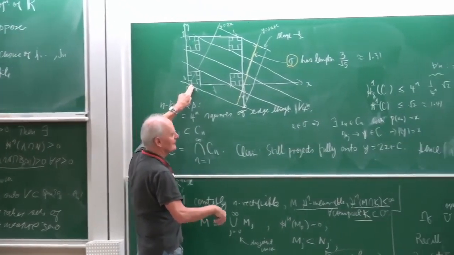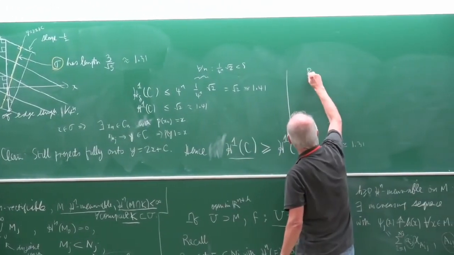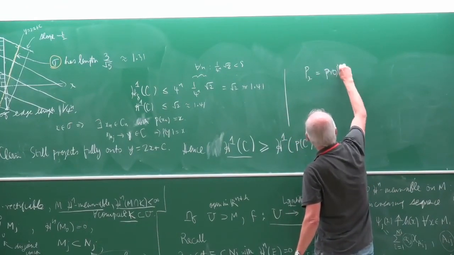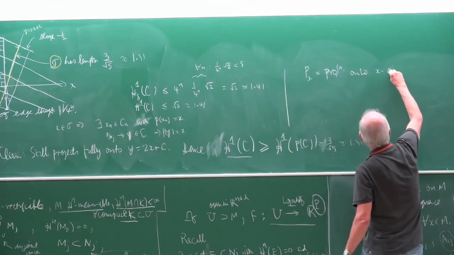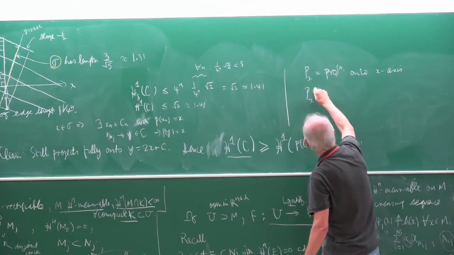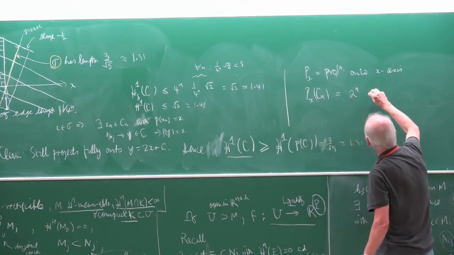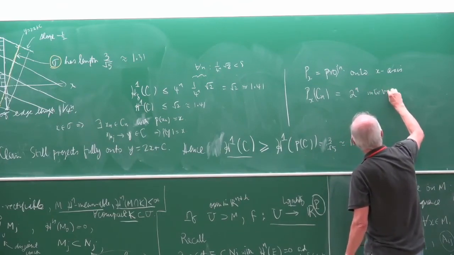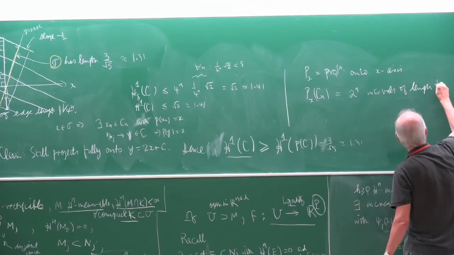So let P be the orthogonal projection onto the x-axis. If you take the orthogonal projection of Cn, that's actually 2 to the n intervals of length 1 over 4 to the n.